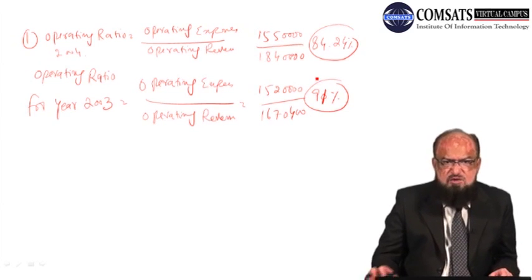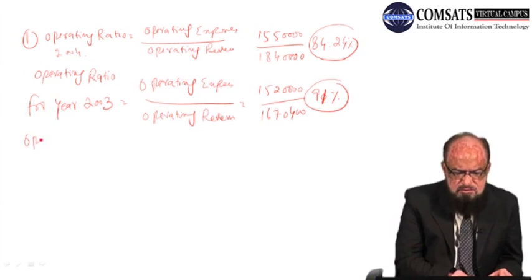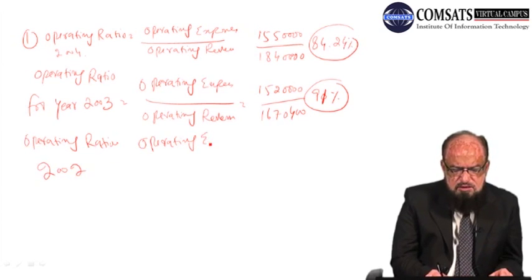Now we will calculate the operating ratio for 2002. Operating ratio is operating expense divided by operating revenue.